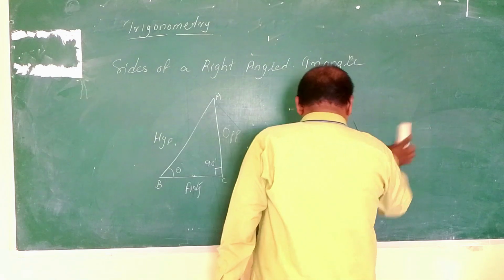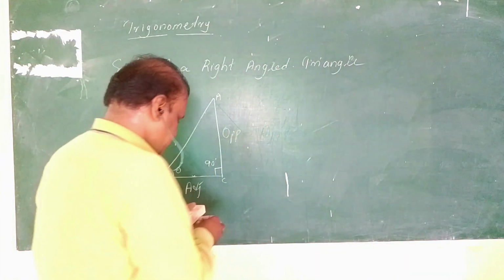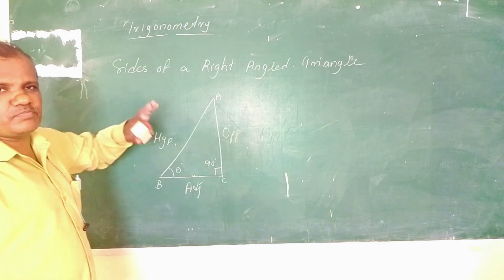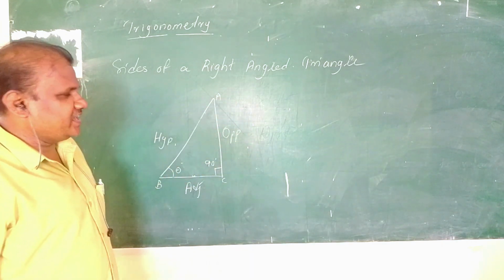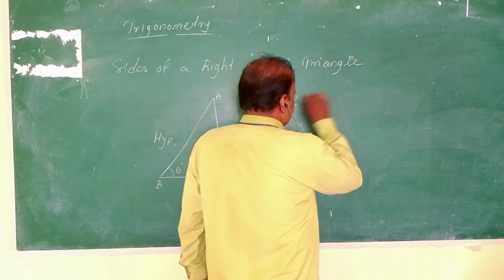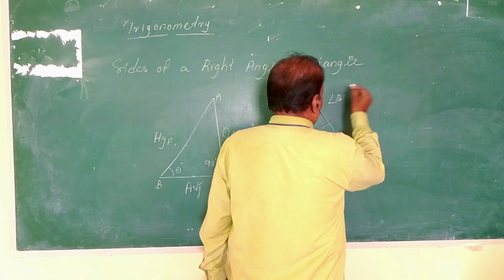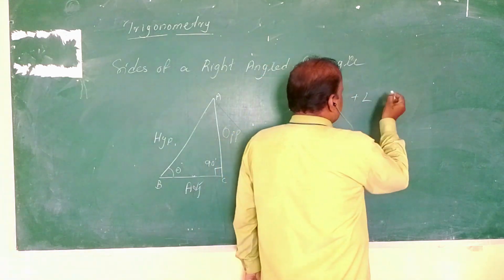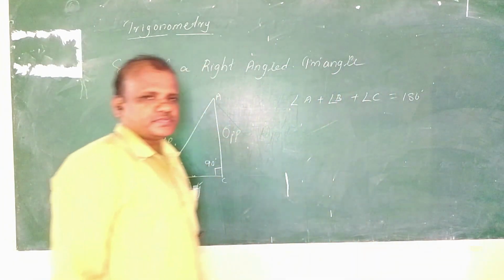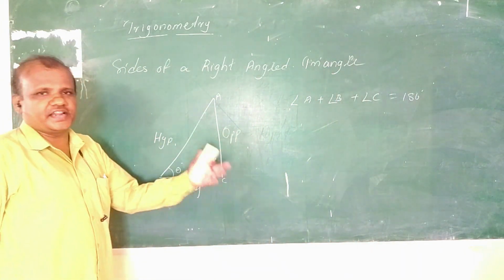One more point. From this figure, the sum of all three angles in a triangle is 180 degrees. Therefore, angle A plus angle B plus angle C should be equal to 180 degrees. This is the general case of any triangle.